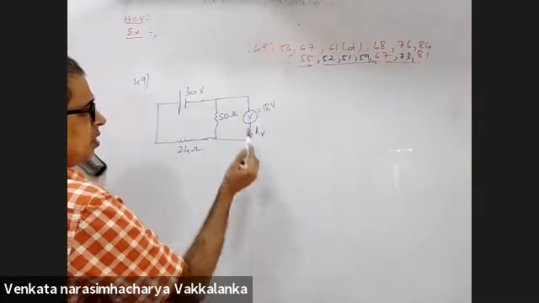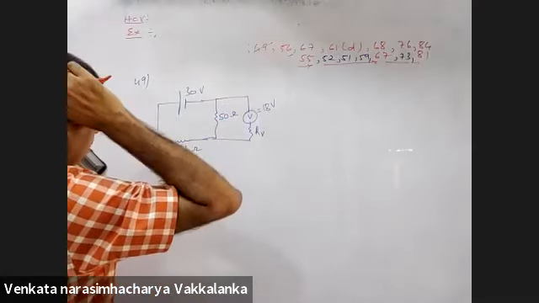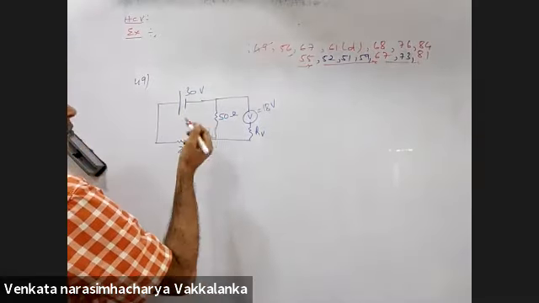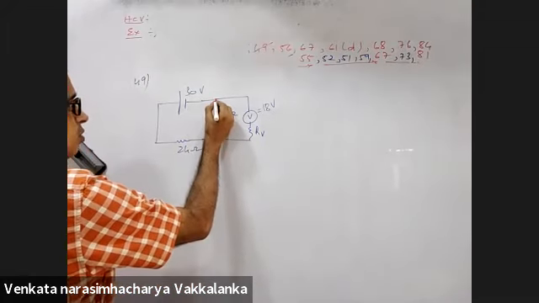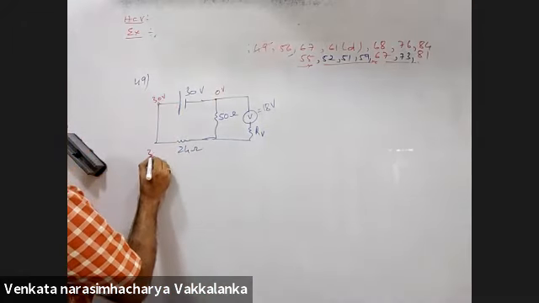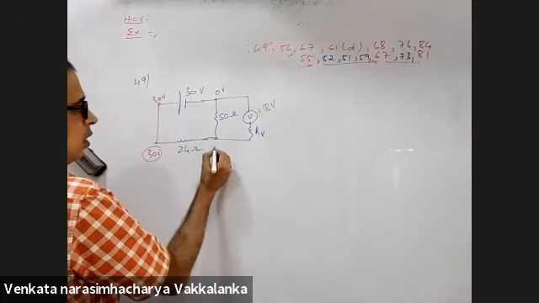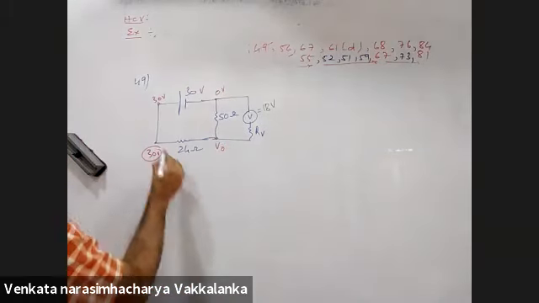Now, which procedure will be the simplest? If I find R equivalent, it will become lengthy. Don't find R equivalent. Find capital I, small I. Or do one thing, use nodal analysis. Start from here, take this as 0 volts. This will be 30 volts. Take this as V0.